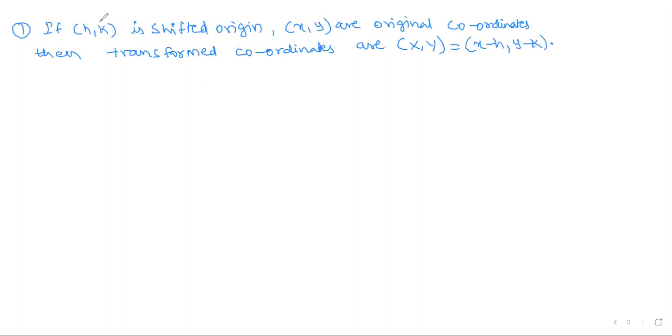That is, if you are given the shifted origin and the original coordinates, then the new coordinates of a point are capital X, capital Y equals x minus h, y minus k.